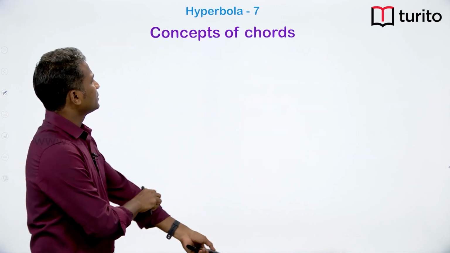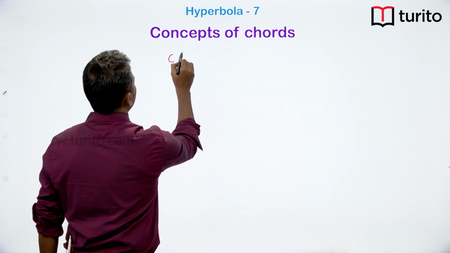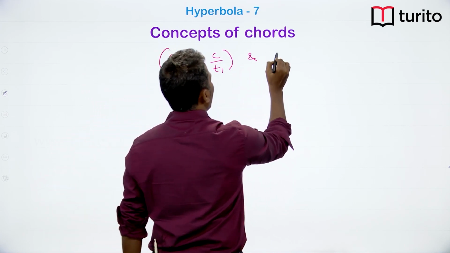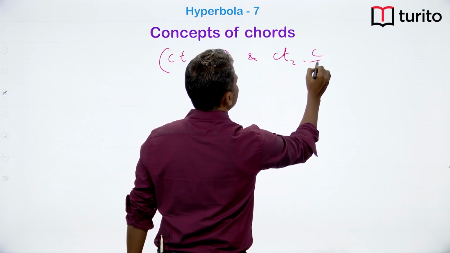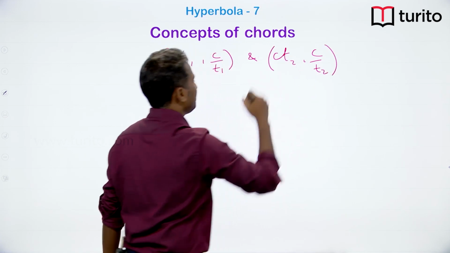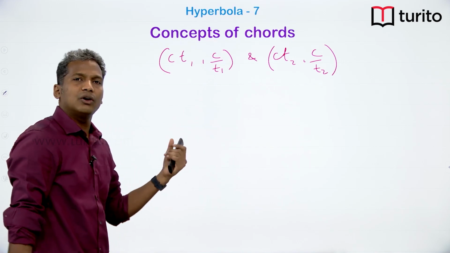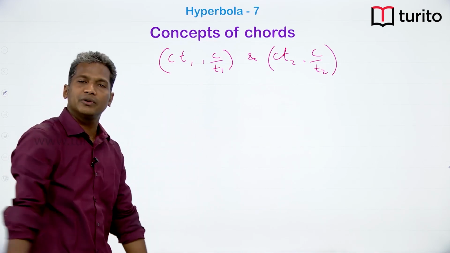So here we just need 2 points, (ct1, c/t1) as 1 point and (ct2, c/t2) as another point. Now when we find the equation of chord, how do we do that? We can just apply the 2 point form and derive it.